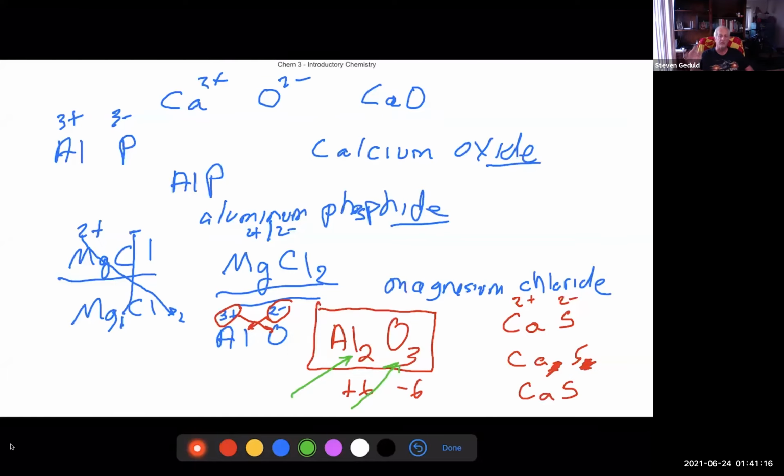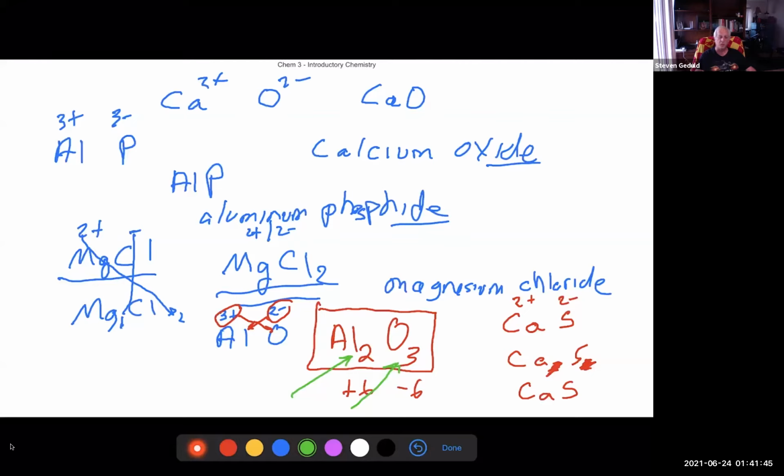When we do covalent compounds, we do name the subscripts because there's no charges. There's nothing to balance, so we have to tell which combination it is. If it's an ionic compound, you never name those subscripts. You just name the 2 elements involved because they can only balance one possible way, by charge. When it's covalent, you have to name the subscripts.